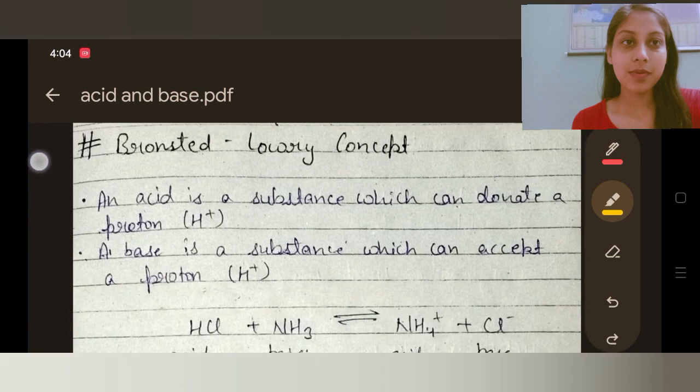Now, the Bronsted-Lowry concept. According to this concept, an acid is a substance which can donate a proton, whereas a base is a substance which can accept a proton. For example, HCl plus NH3 gives NH4+ and Cl- ion.